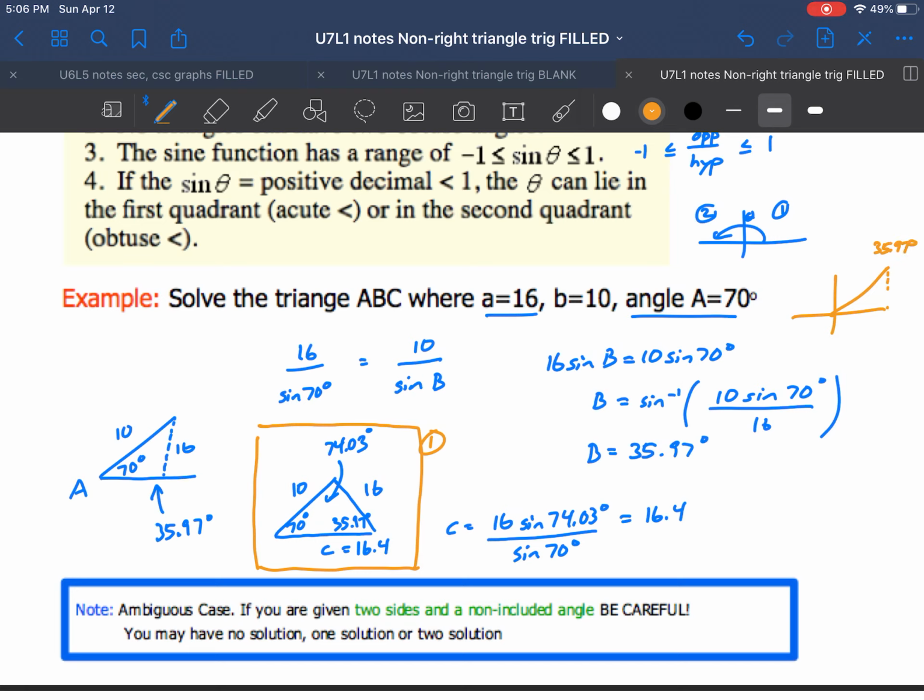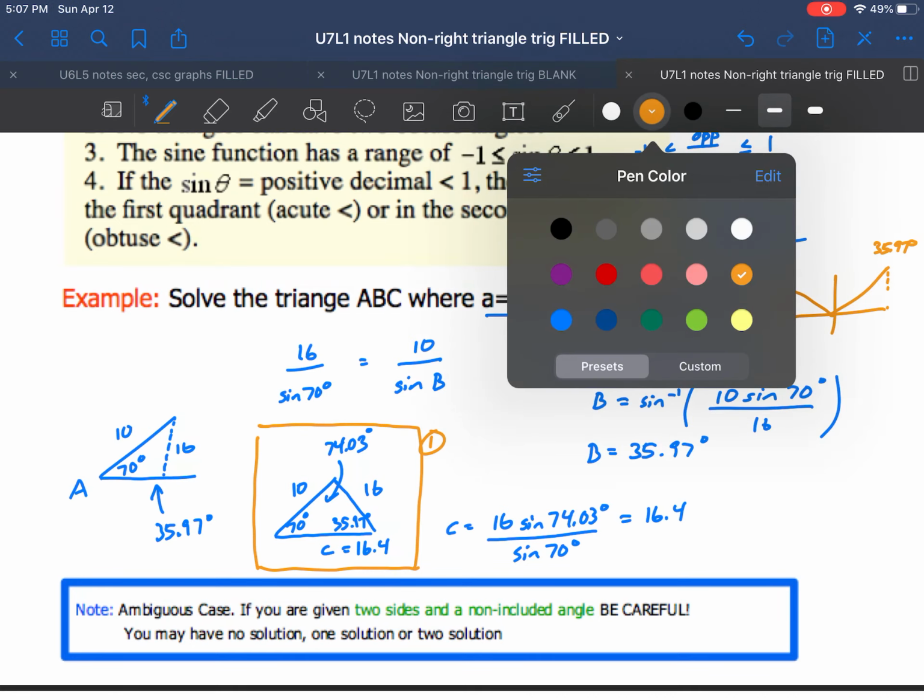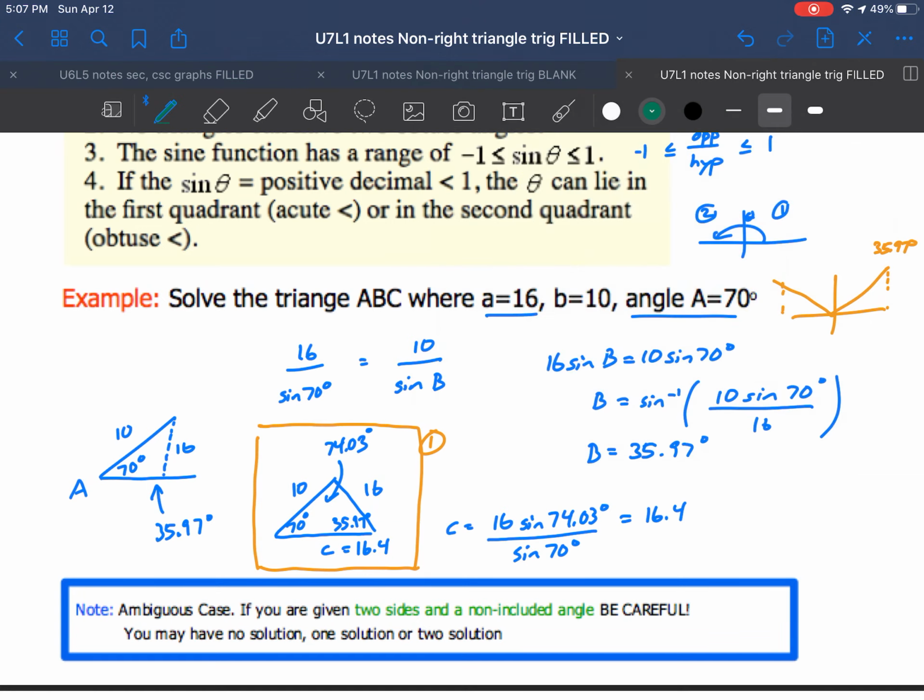So the sine of that angle would actually equal the sine of this other angle over here. So B could also equal 180 minus 35.97, so that's 144.03 degrees.